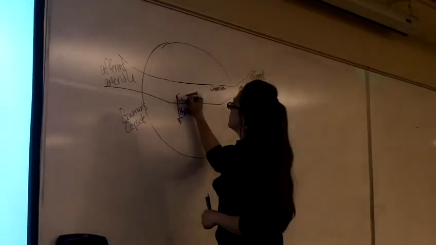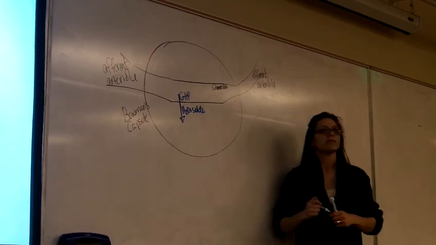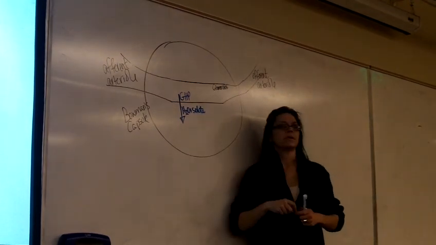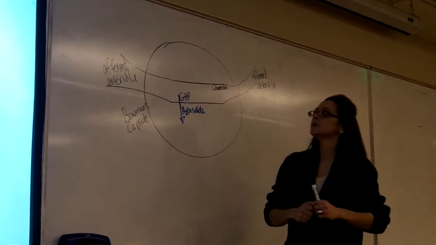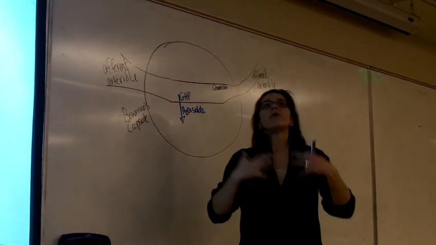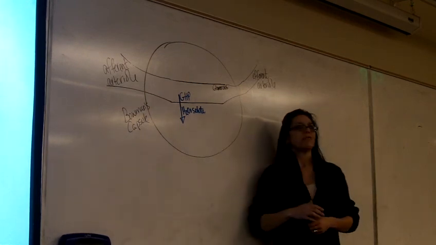That's our glomerular hydrostatic pressure, the fact that there's high blood pressure in there. So the glomerular hydrostatic pressure is in favor of filtration, in favor of producing a filtrate.